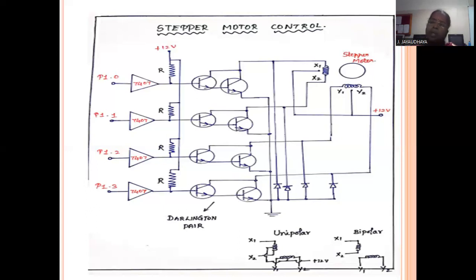That's why here we are using a unipolar configuration. Here we have a common point, and that common point is connected to a plus 12 volt power supply. The next important thing is the resistor. R is nothing but a resistor, and it acts as a voltage divider. So this is the circuit arrangement for the stepper motor.